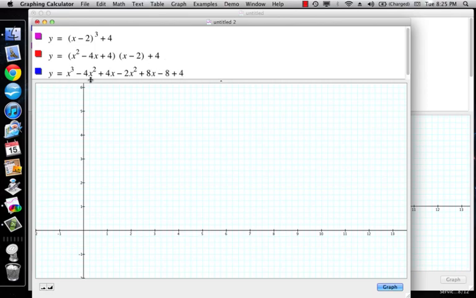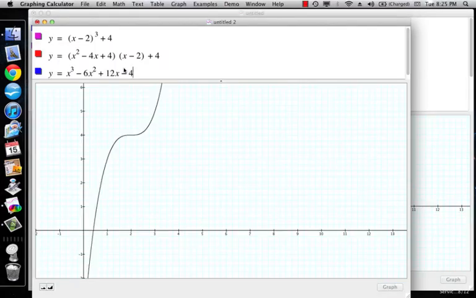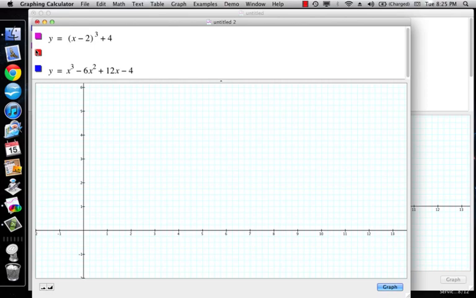Then cleaning that up, that's going to be negative 6x squared, that's going to be 12x, and then minus 4. If I did it correctly, I should end up with the same function, and I do, so I did it correctly. Okay, so let's take that out.